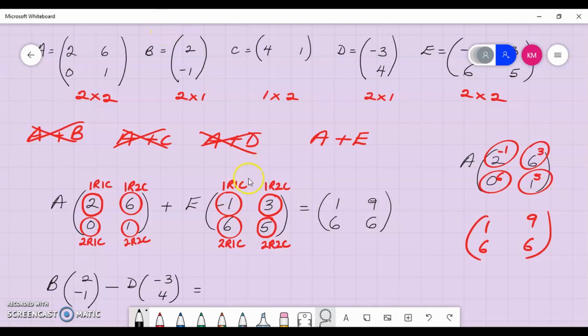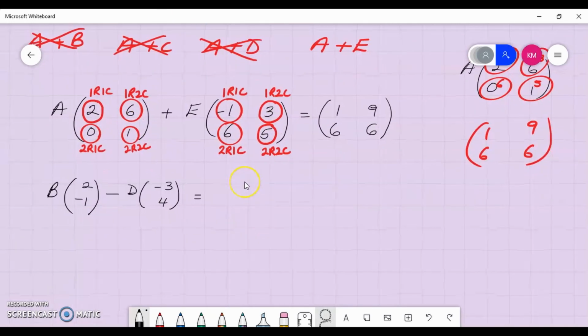So remember, corresponding elements are either added or subtracted. So our element here corresponds to this element here. Now we are going to get 2 subtract -3, and that is going to give us 2 plus 3, 5. Next, -1 take away 4 gives -5. And that there is addition and subtraction.